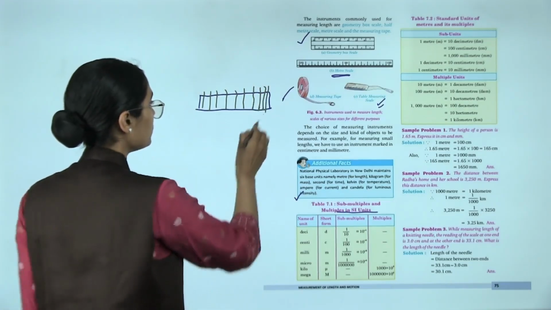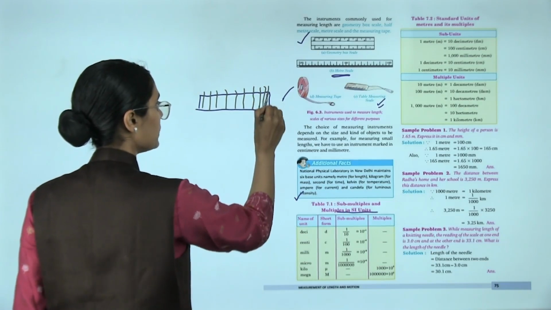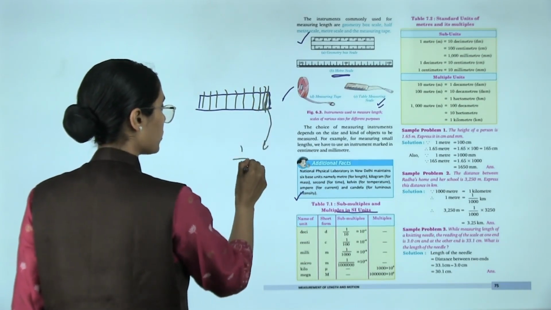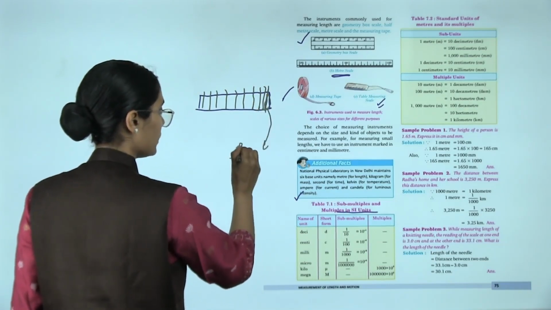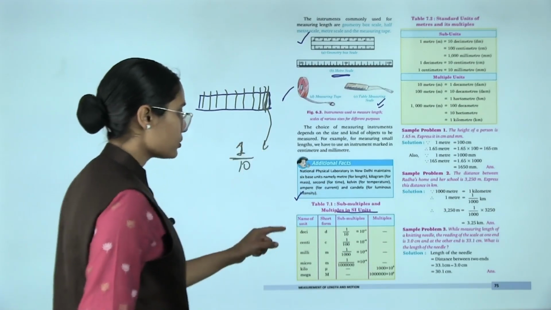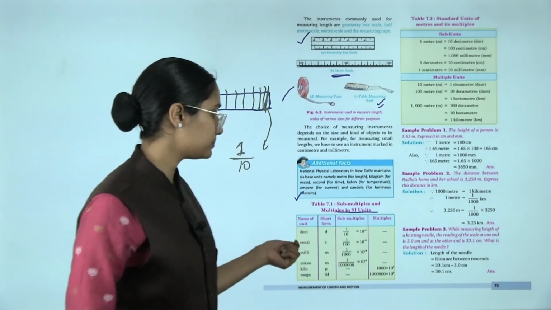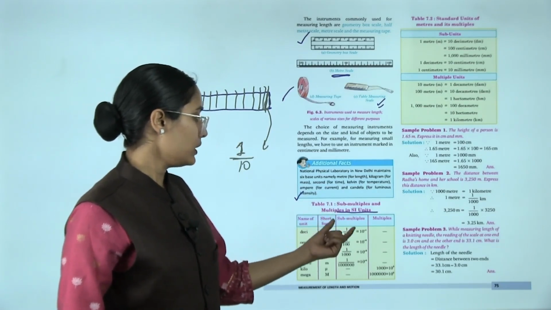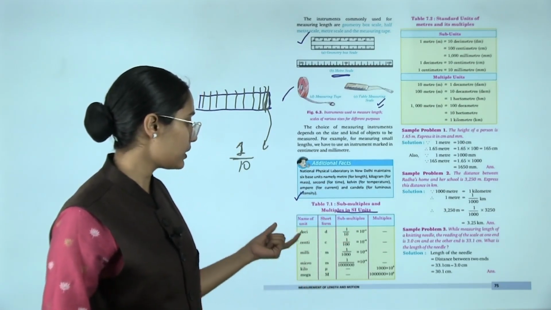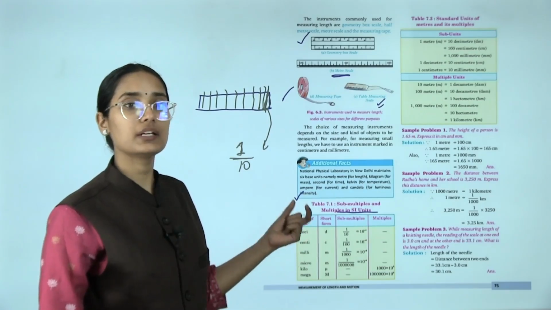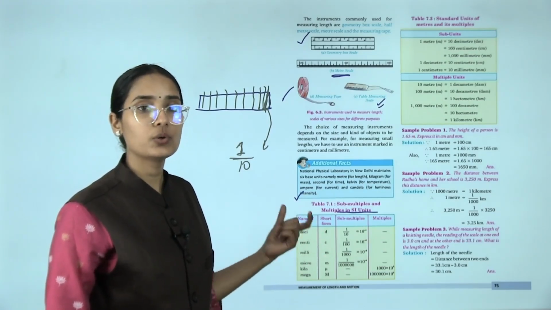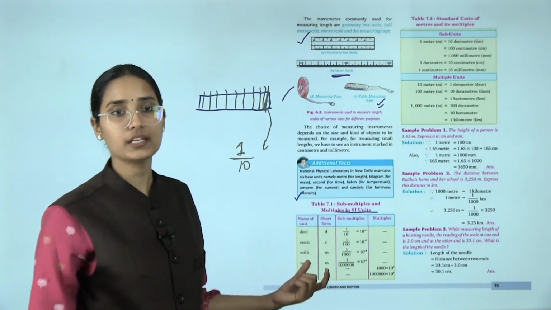So this one piece would be called the 1/10th piece. This is called deci. Similarly, we have centi, milli, micro, kilo and mega.